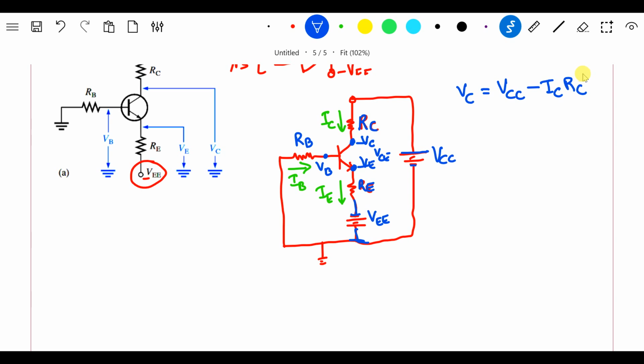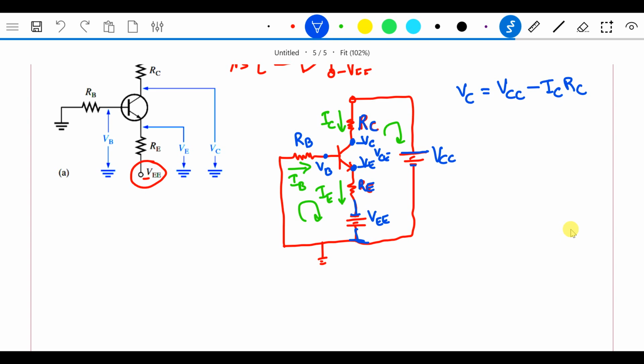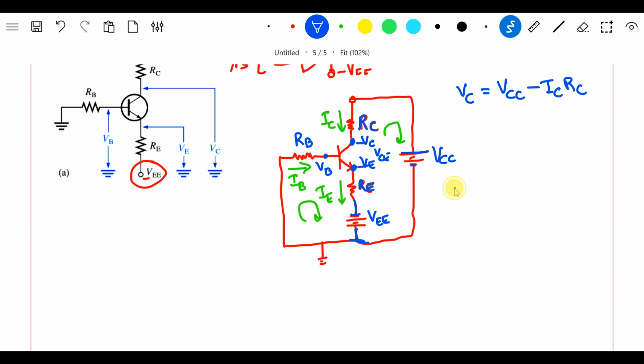Now what I'll do is I'll try to write a loop equation for this loop. We have a loop here and we also have a loop here. So I'll just write the loop equation for this particular loop. What I will get here is minus IBRB, and we all know between this terminal we have one more voltage which we discussed earlier, which is VBE.